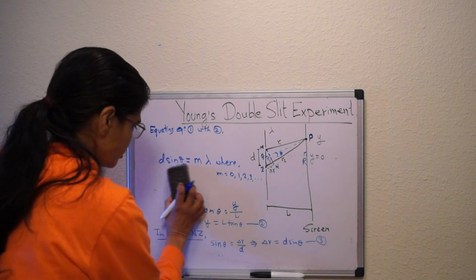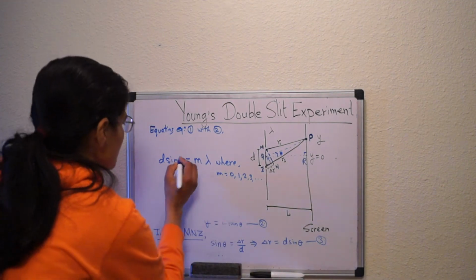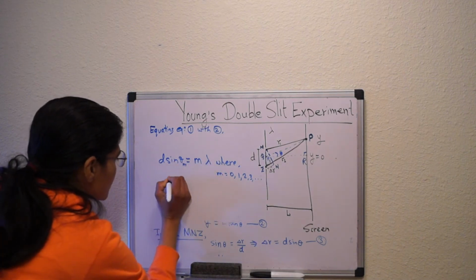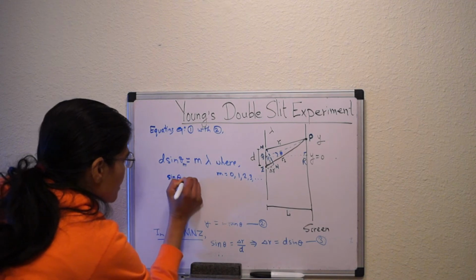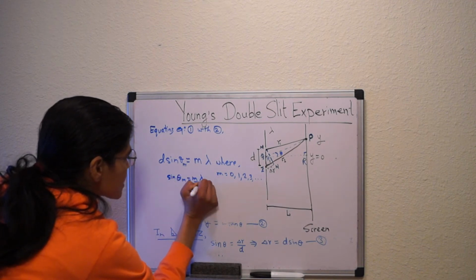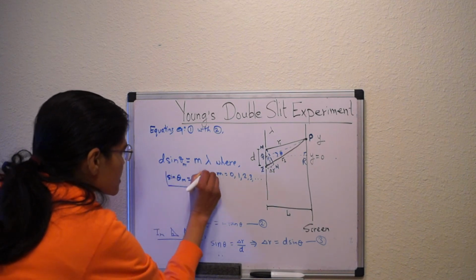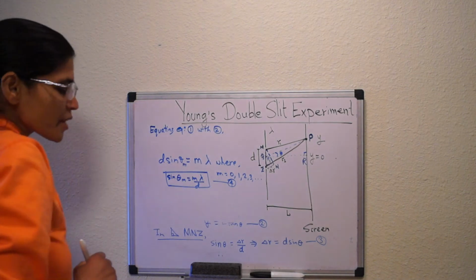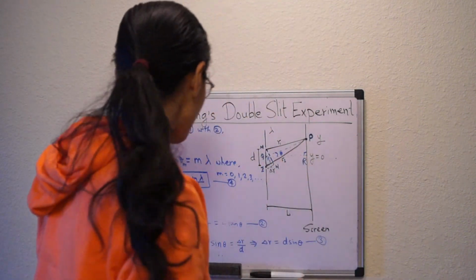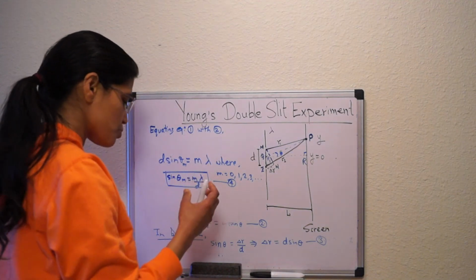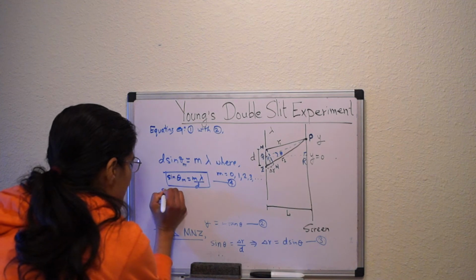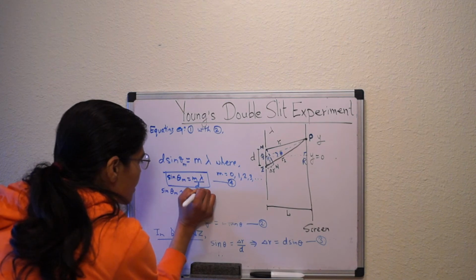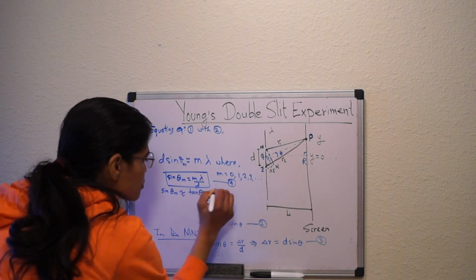Alright, so it means sine theta m equal to m lambda by d. Let's call this equation number 4. Now there is something called small angle approximation, meaning when this angle theta is very, very small, then sine theta m is equal to tan theta m, which is also equal to theta m.